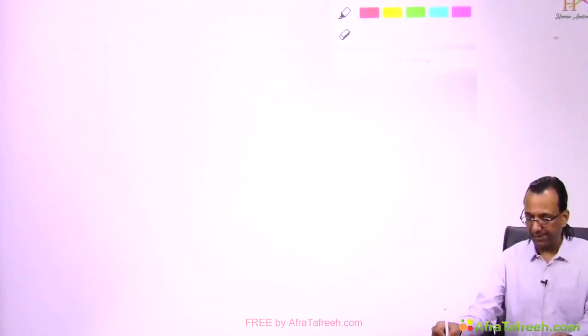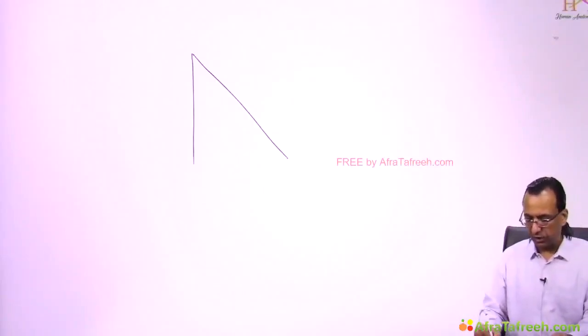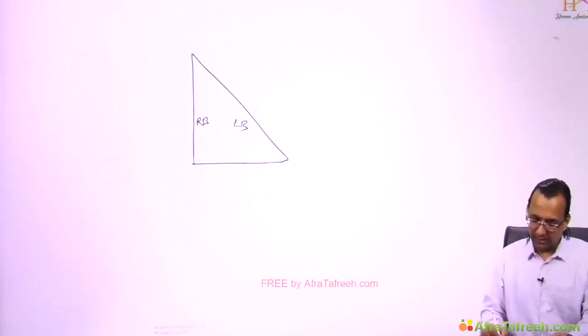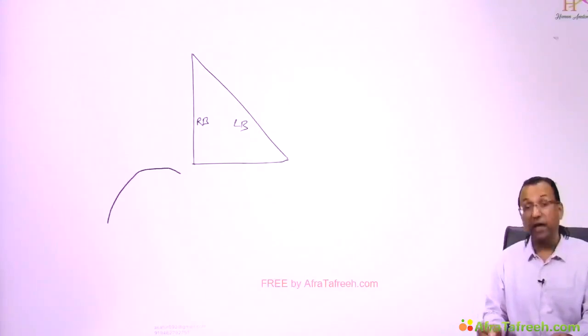And what you are telling is that this is the heart. The left border of the heart is more oblique, and the right border is vertically straight. That is the difference. Then the right dome of the liver is higher, and the left dome is lower.